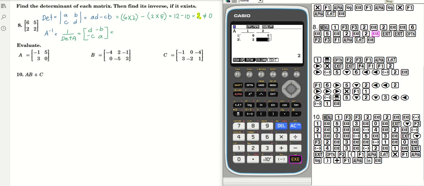Then exit, and proceed to Option, and then go to Determinant, which is F3, and then enter matrix A. So our determinant is 2.